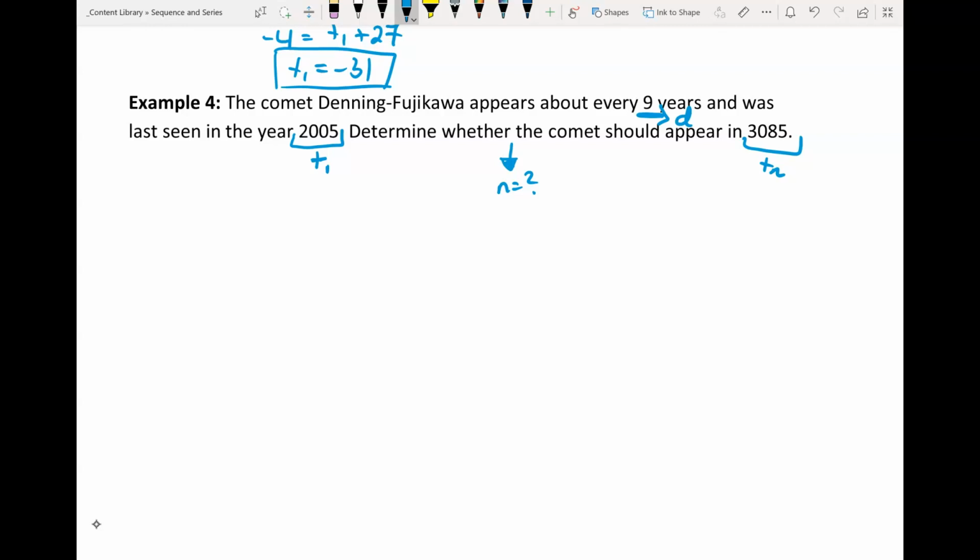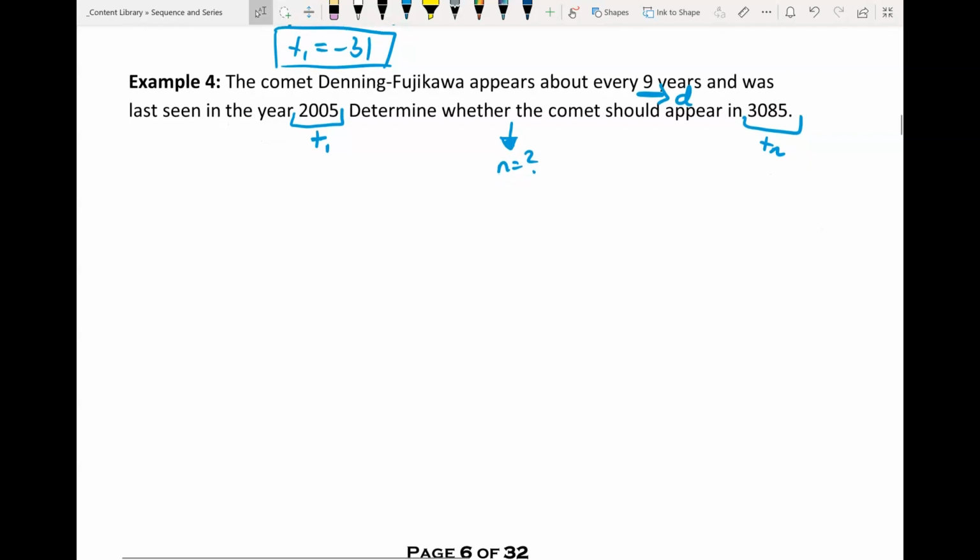It doesn't make sense because this indicates the term numbers, so term 1, term 2. It doesn't make sense to have a term 2.5. So we're going to find n. And if it's a whole number, then we're good. The comet will appear in 3085. And if we get a decimal number for n, then the comet won't appear in 3085.